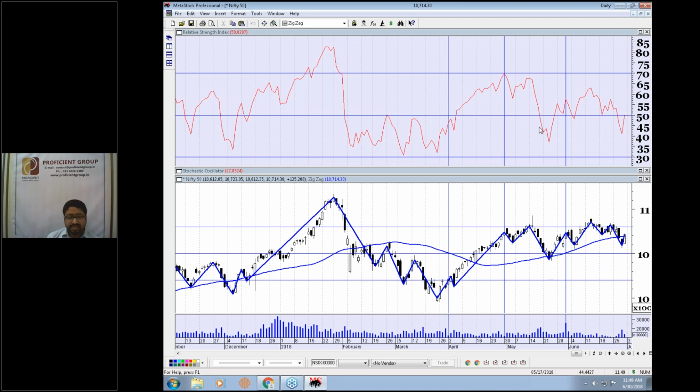So these trends are actually the building blocks of the chart, right? The chart is made up of these trends, and our objective as a trader is to identify the trends and trade in the direction of the primary trend. If we can do that, then the odds of success increase hugely.